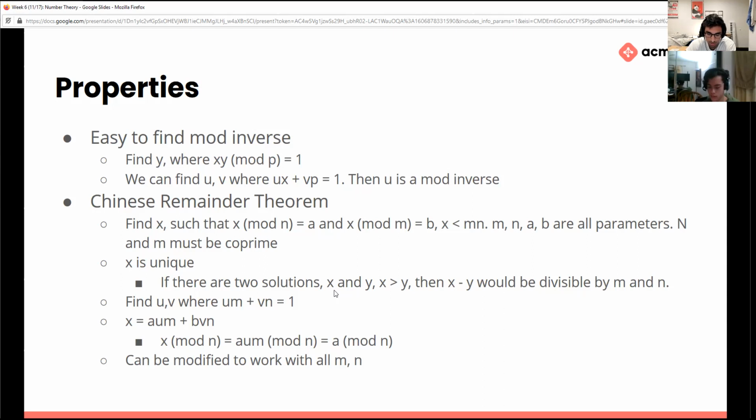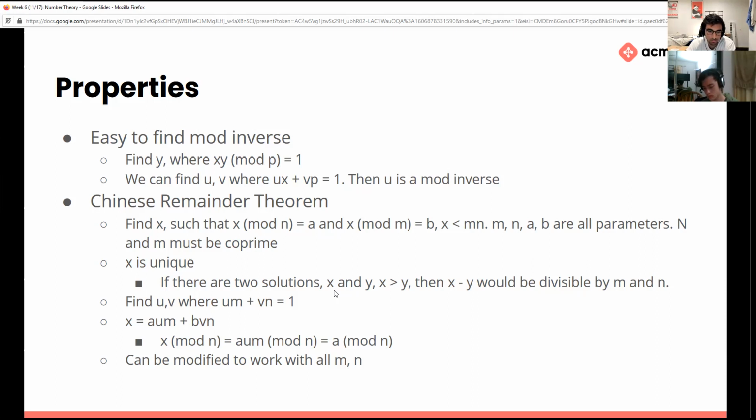So it's 4 times 3 times 5 plus 3 times minus 2 times 7, and if you multiply that out, you get 60 minus 42, you get 18. And we can check that works, because 18 mod 5 is 3 and 18 mod 7 is 4.